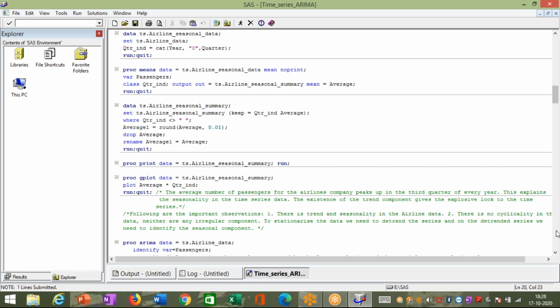So we looked into the TS seasonal summary and we plotted that, and from there we looked into the average behavior, we looked into the variance and everything. We saw that at a quarterly level there was a seasonality and that the variance was gradually increasing.